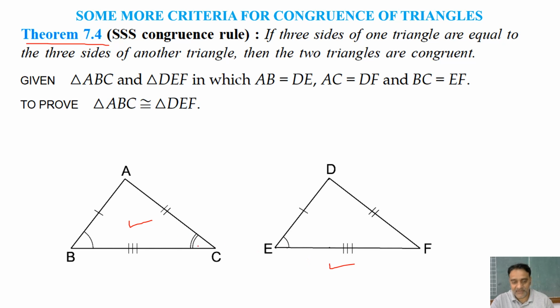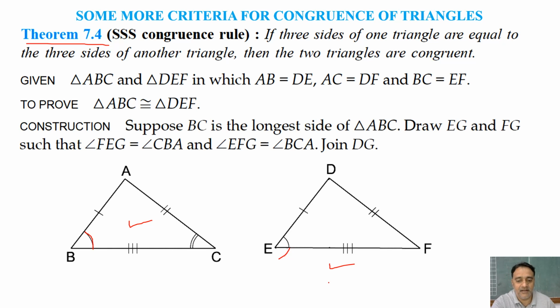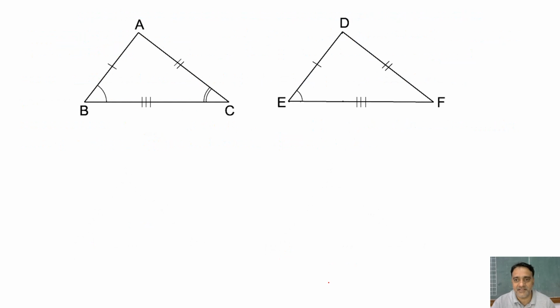How? This angle will be made here at F, and this other angle we will make here. Okay, so both will intersect at one point. See, in the next slide I am explaining, look carefully. We are going to make this angle here and this angle here.